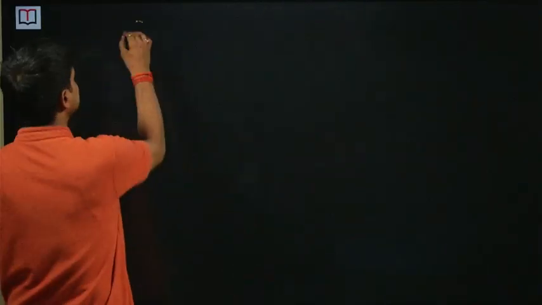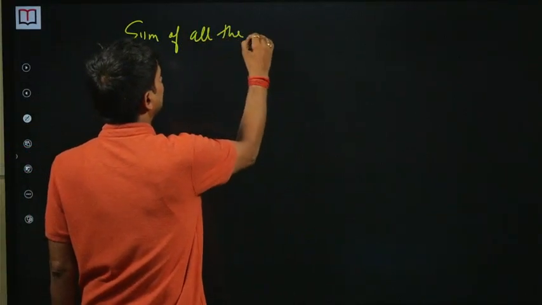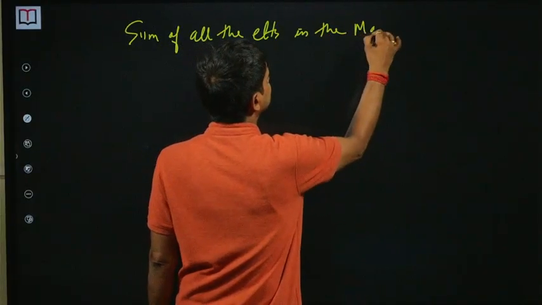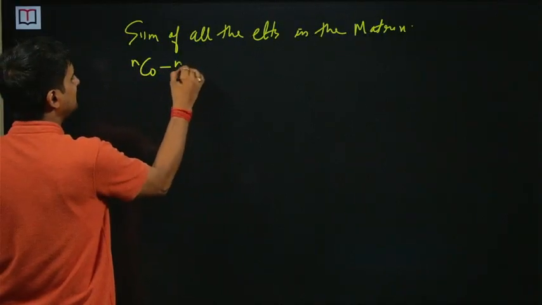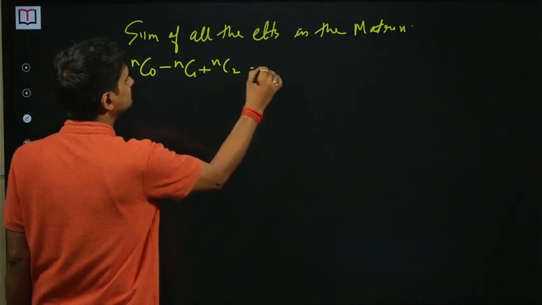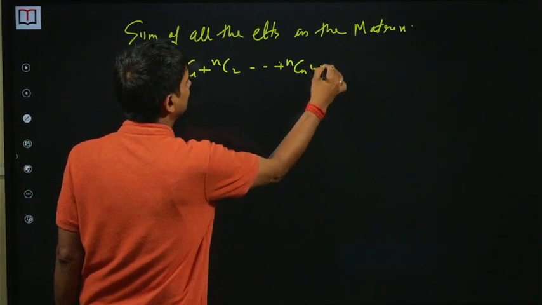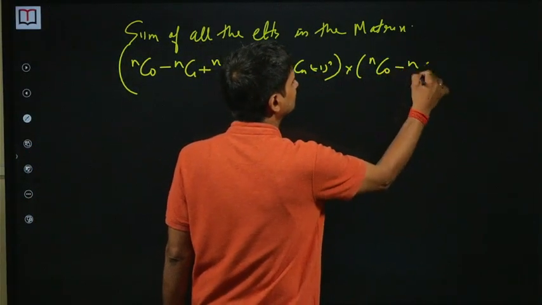First, I will write the sum of all the elements in the matrix. How will you get it? You'll get it when you multiply minus 1 raised to the power, whatever, into the same thing.